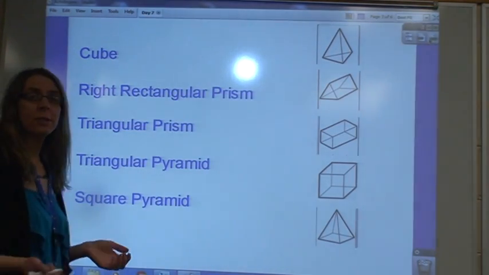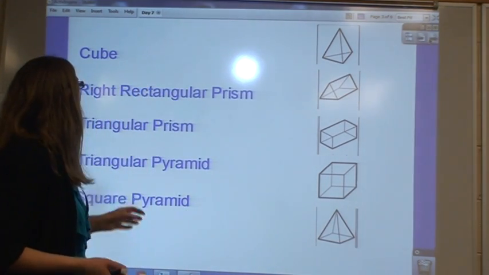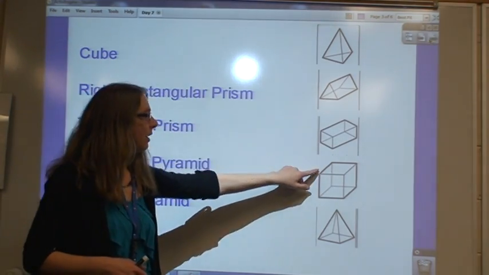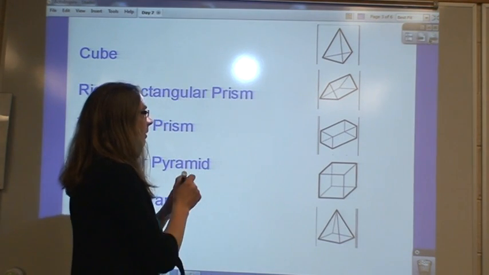There are several different types of shapes that we can make nets out of. Here are just a few. I could have a cube. A cube has all of the sides square, and all of the opposite sides are parallel to one another.